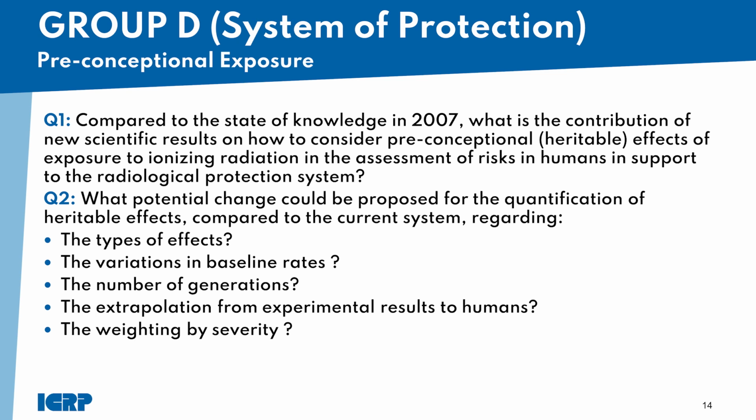I think I've seen a few papers that raise that question, but is there any good evidence for cancer induction through the germline? So cancers that would appear in the first, second, and more generations after the parents have been irradiated. Is that a type of effect that should be added, or is there no indication whatsoever that we should do that?